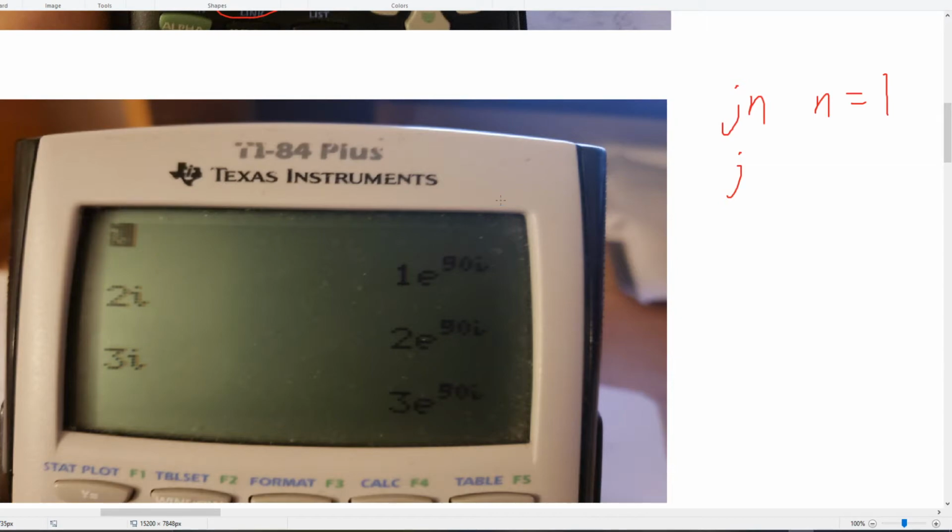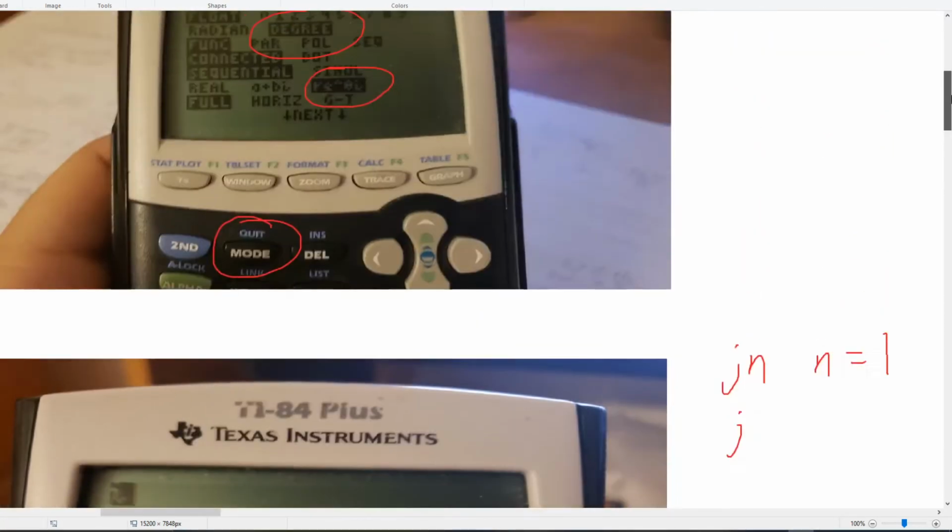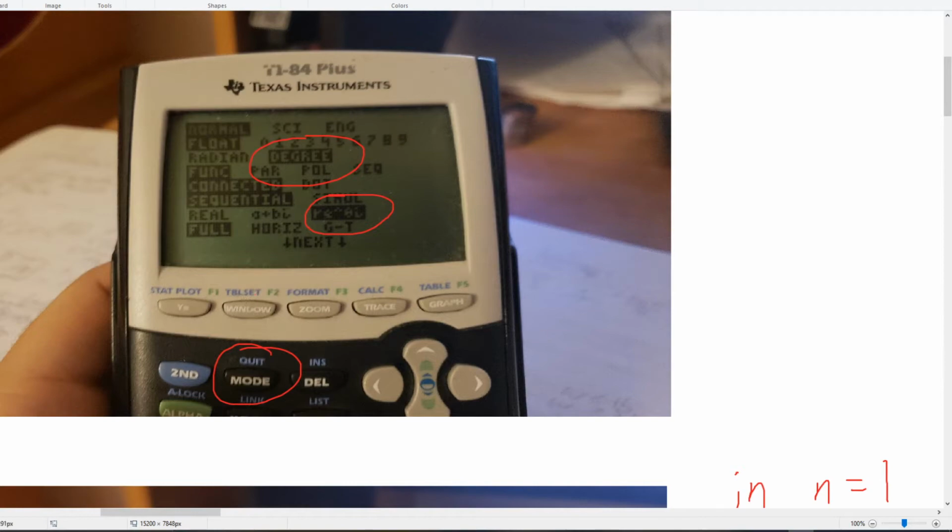To get i on your calculator, it doesn't show in any of these images, but if you look at the decimal point, it should have i right there in blue. So you would press second first, which gets you to the blue function, and on your calculator it'll probably show up as an arrow, and then you click the decimal, and that's how you get i.